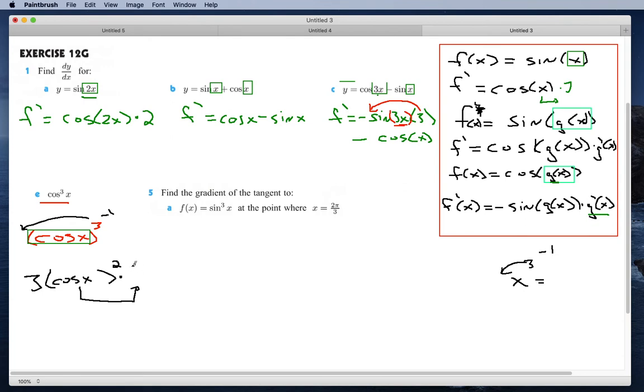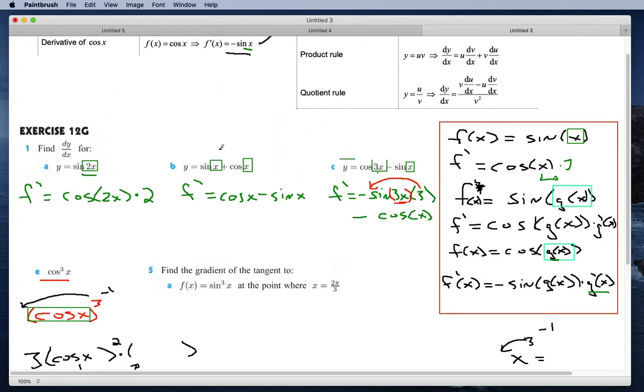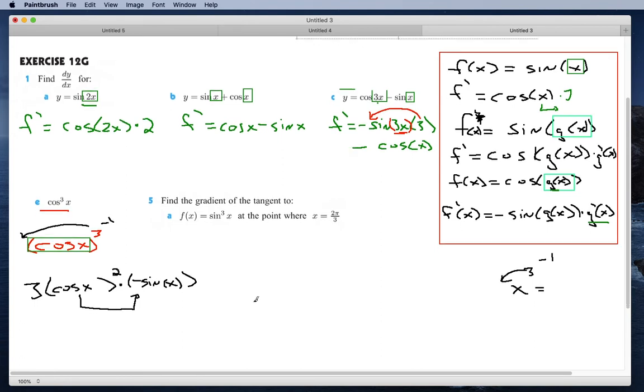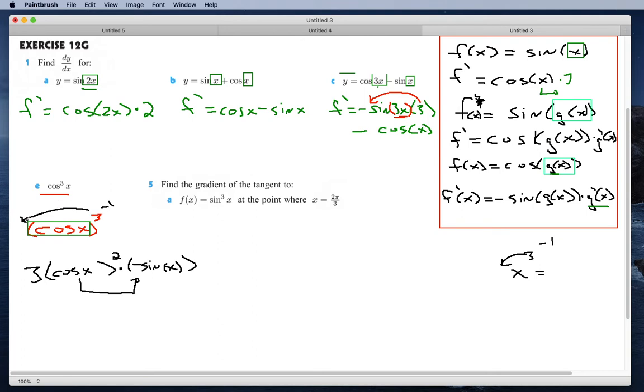So the derivative of cos x is just, as we saw on top here, negative sine x. And there we go. So bring the 3 out in front, subtract 1, and chain on the derivative of what's in the block afterwards.